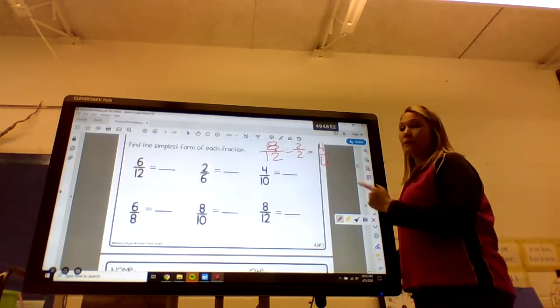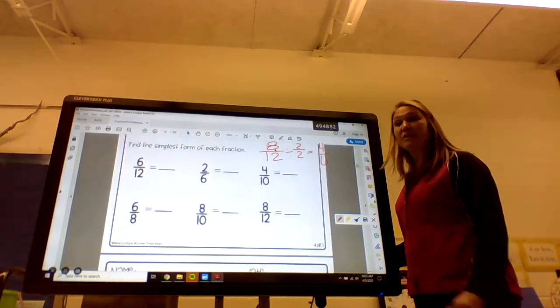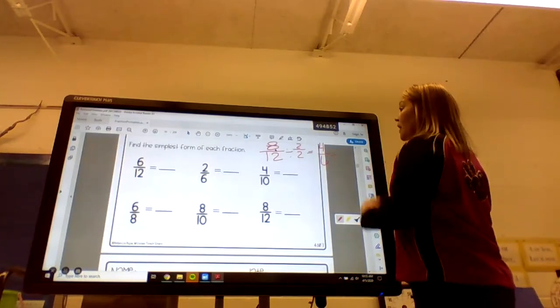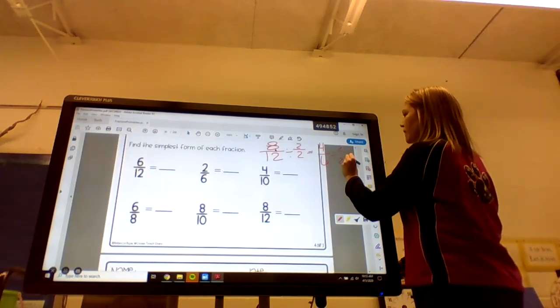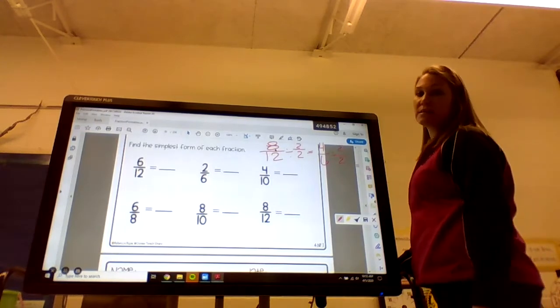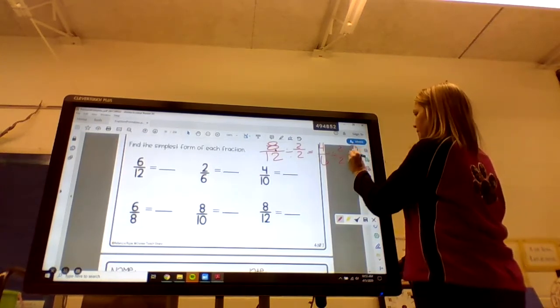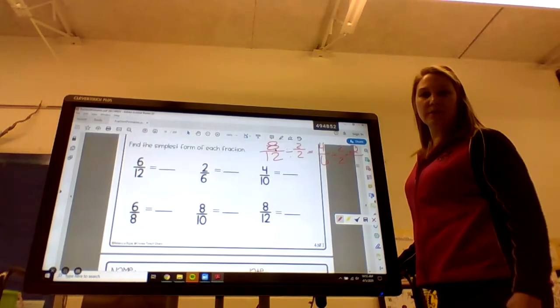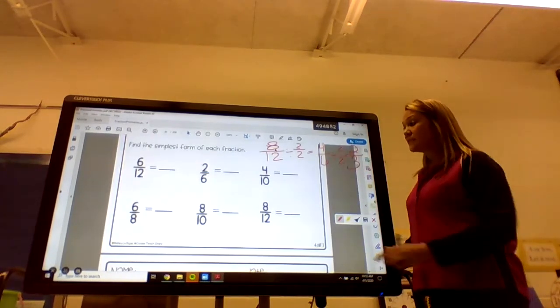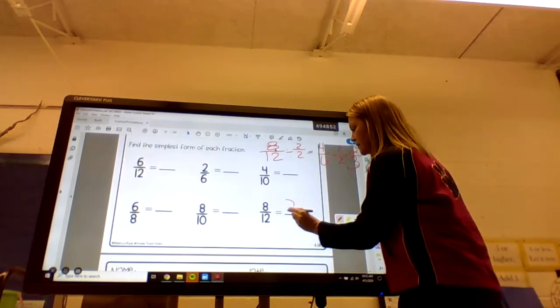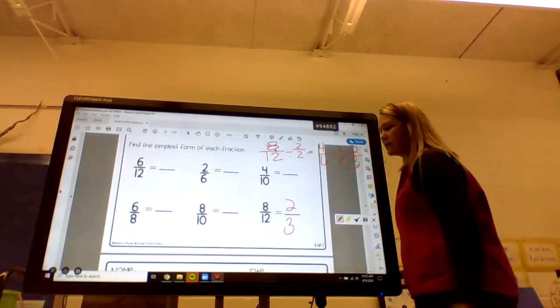Well, 4 is an even number and 6 is an even number, so I can divide them by 2 again. 4 divided by 2, 6 divided by 2. 4 divided by 2 is 2. 6 divided by 2 is 3. So simplest form of 8/12 is 2/3.